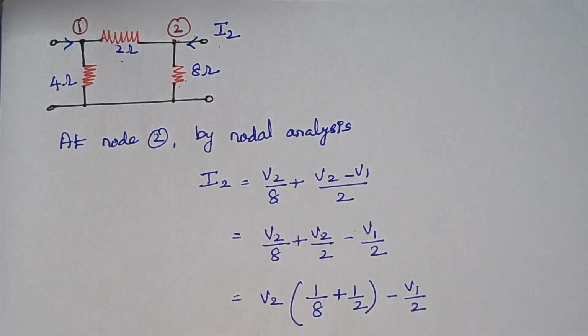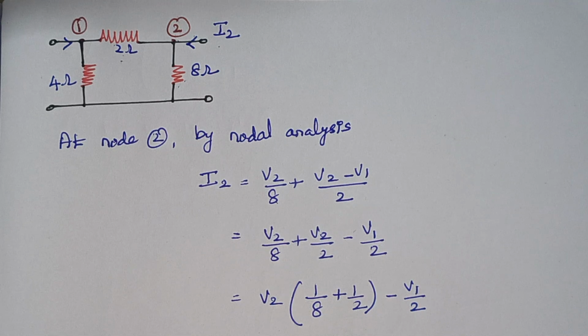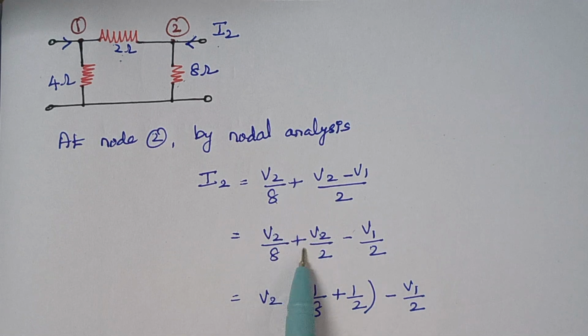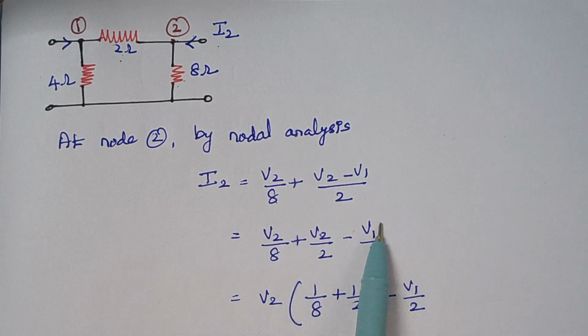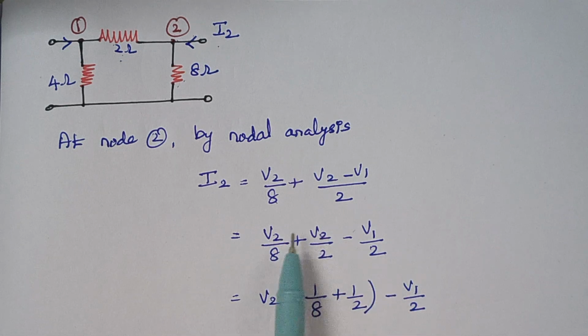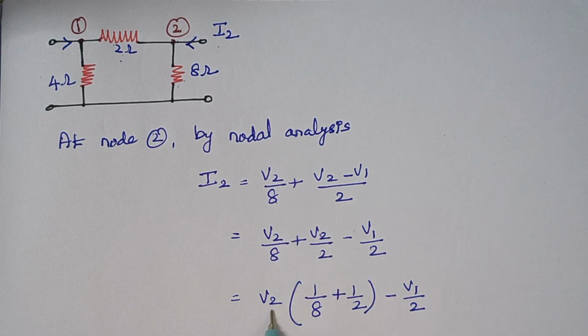Now we are going to combine the common terms. So V2 by 8 plus V2 by 2 minus V1 by 2. Here V2 is common. Once you take V2 outside, the remaining terms are 1 by 8 plus 1 by 2. Here you have to take the LCM, which is 8.